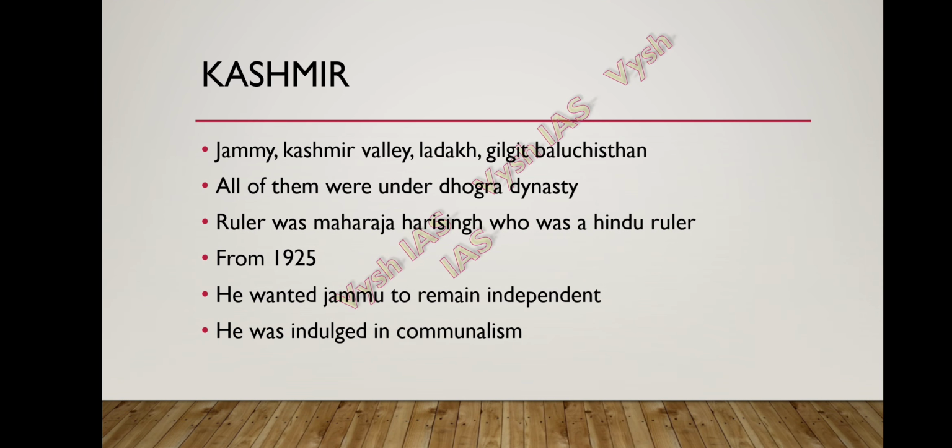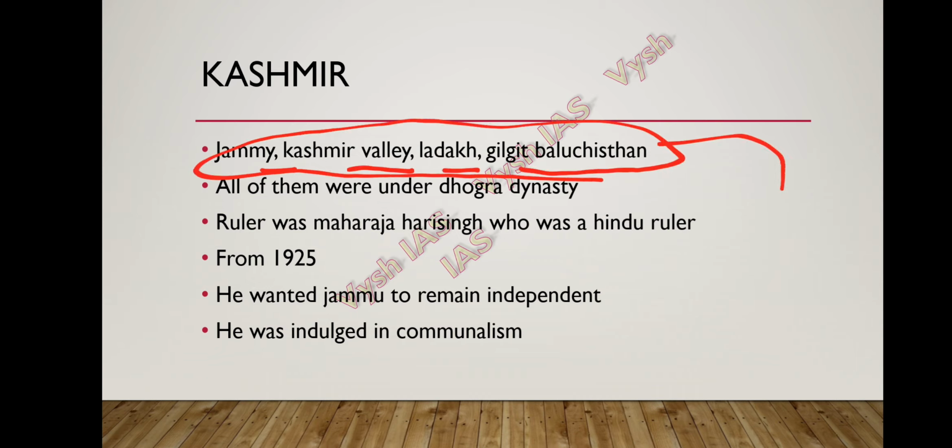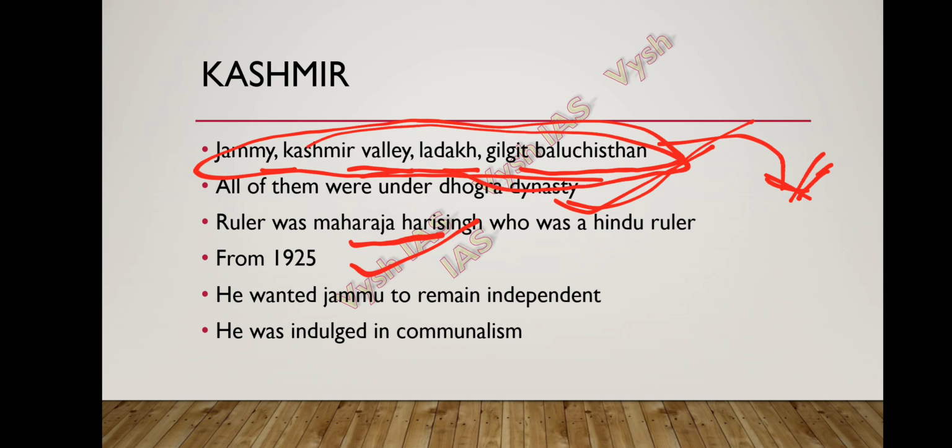Kashmir consists of Jammu, the Kashmir Valley, Ladakh and Gilgit-Balochistan. All of them have culturally different backgrounds, but they were together under the Dogra dynasty initially. In the year 1925, the people of all these places came under one king, Maharaja Hari Singh, who was a Hindu ruler.